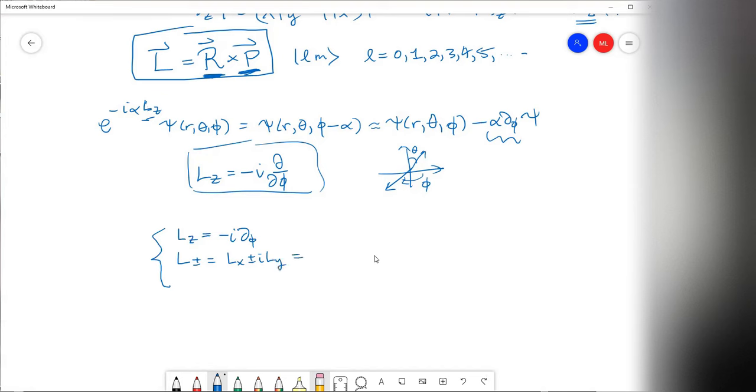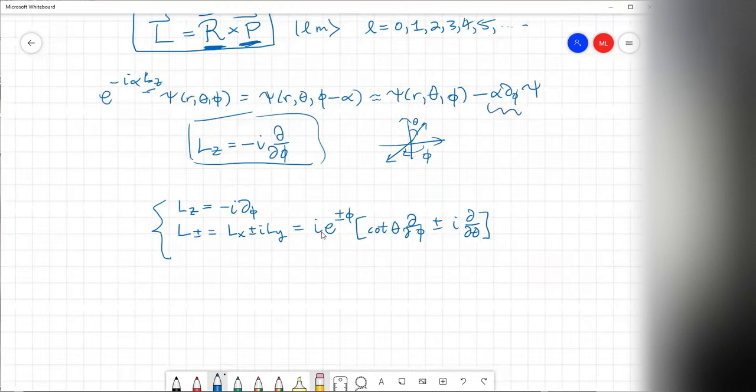Those are given by e to the plus or minus i phi, times cotangent of theta times the derivative with respect to phi, plus or minus i times the derivative with respect to theta. It's a little bit tedious to show these, but it's just properties of rotations that allow you to conclude them. It's more complicated because when you rotate around X and Y, both of these angles change. It's a little bit tricky, but you can get this.